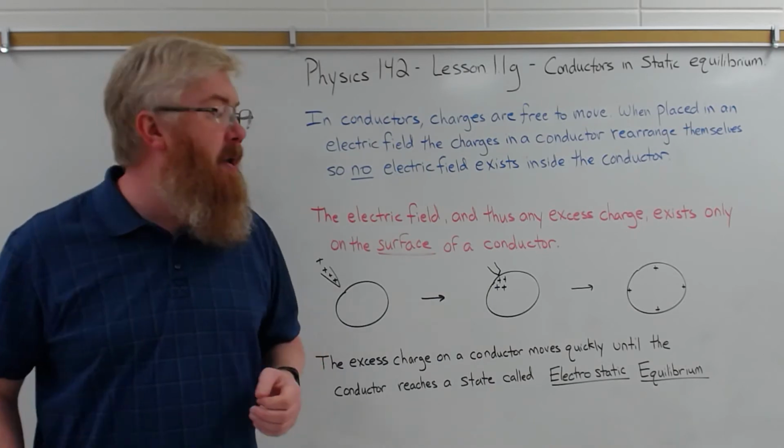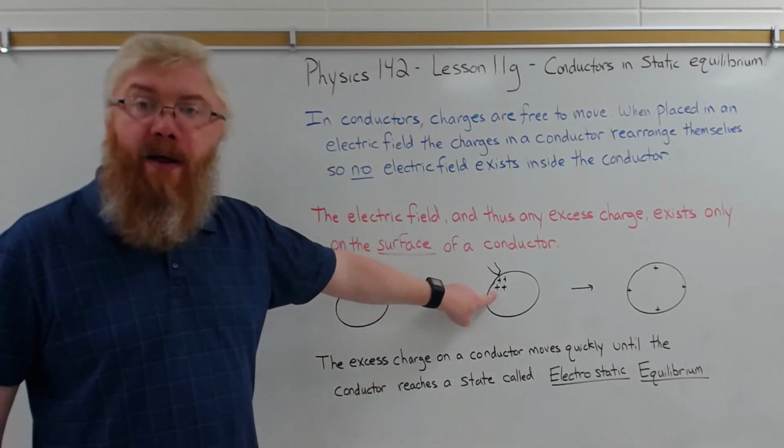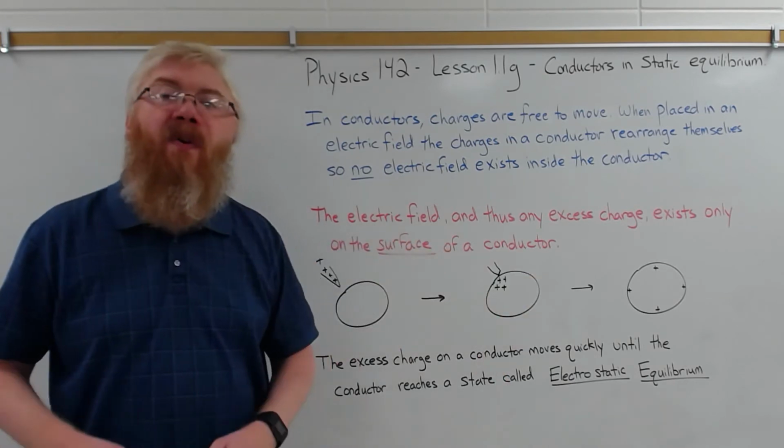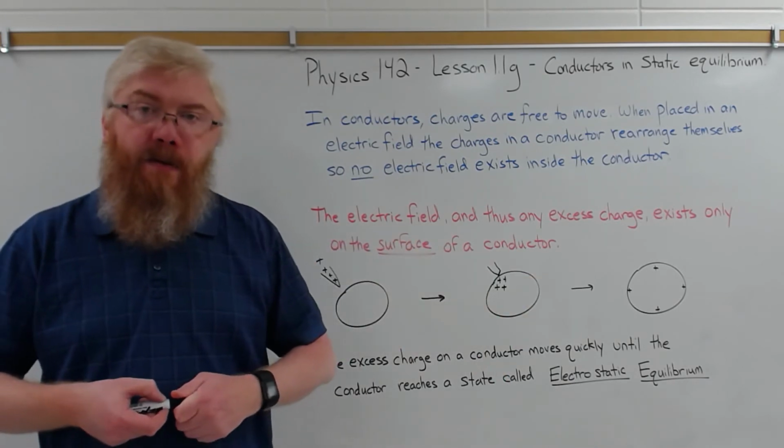One way to think about it is like charges repel one another, right? They hate one another, so they move to get as far away from one another as possible.